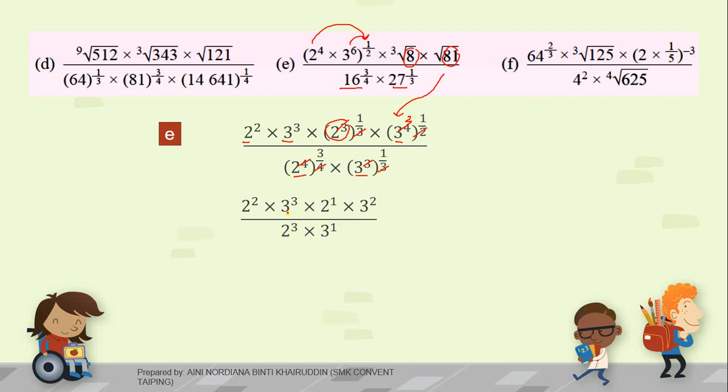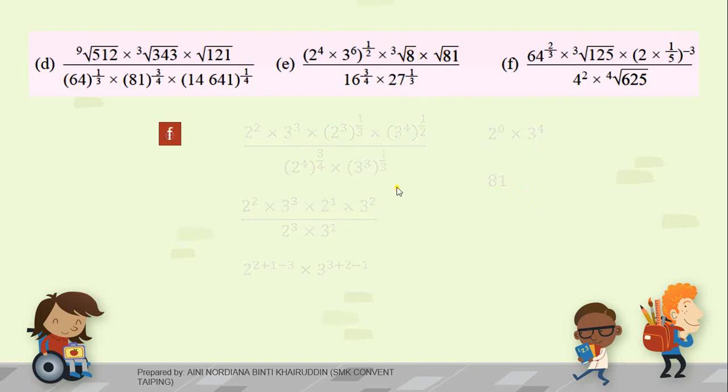So you get 2 cube times 3 to the power of 1. Okay, next, choose the same base. 2 plus 1 minus 3 for base 2. For base 3, 3 plus 2 minus 1. So this one you get 2 to the power of 0 times 3 to the power of 4. 2 to the power of 0 is equal to 1. So this is the answer.